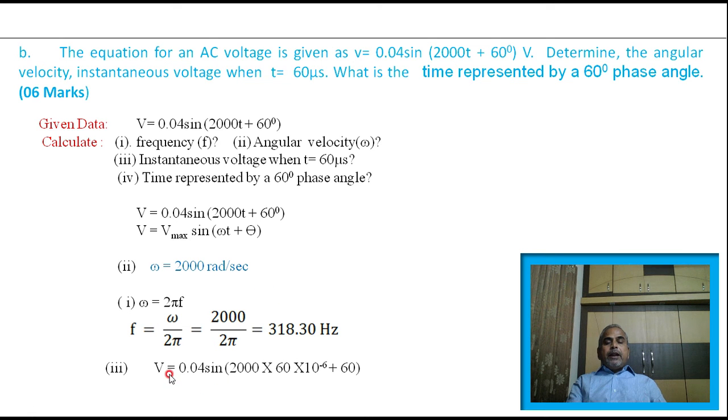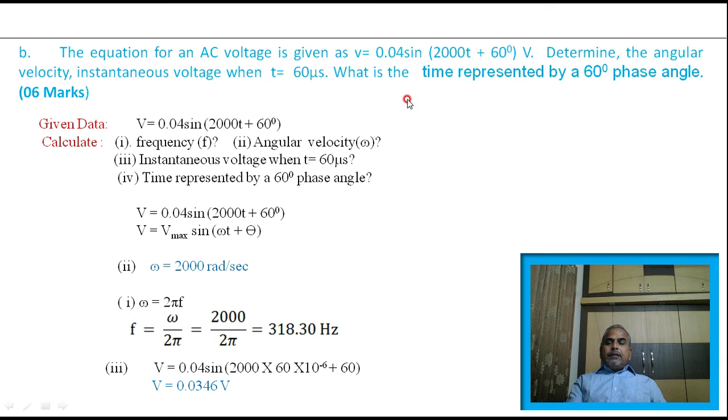Therefore, I will write V is equal to 0.04 sine 2000 into 60 into 10 raised to minus 6, because it is 60 microsecond, plus 60. Just substituting the value of t in this equation. Therefore, the instantaneous value at 60 microsecond that I am getting is 0.0346 volts.